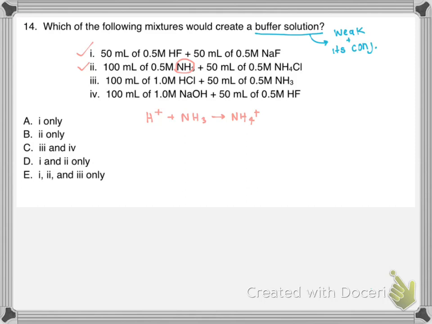We have a reaction, so we're going to need our ICF table. Because we have our ICF table, we need moles. So I'm again going to do liters times molarity, which is moles over liters, to get out moles.